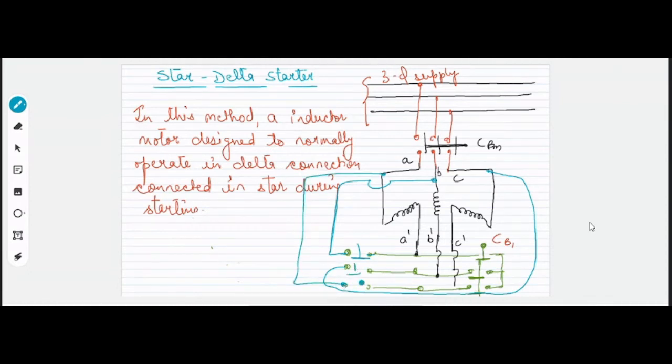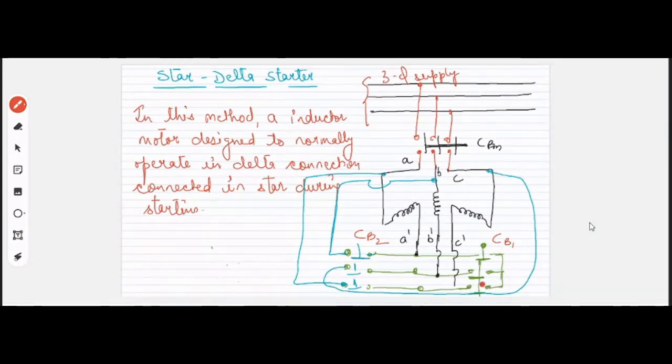So having this switch closed, we have three switches: CBM, CB1, CB2. Initially, to start the motor, this CBM is closed. After that, this CB2 is kept open, whereas this CB1 is closed, so that your motor can start in star connection, right?